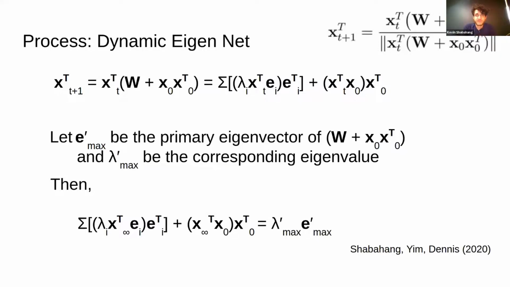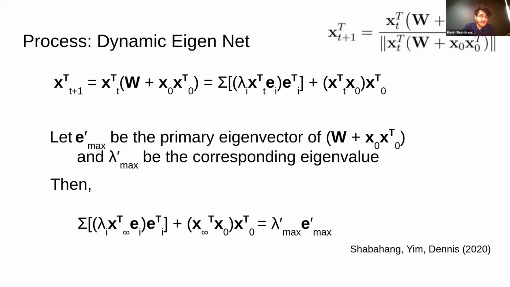And just to briefly describe the equation, here I have dropped the normalization term, so you can see that the state at the next time point is essentially the projection of the current state over the eigenspectrum, the eigenvectors of the matrix, plus the projection of the state over the original cue, weighted by its similarity to the cue.